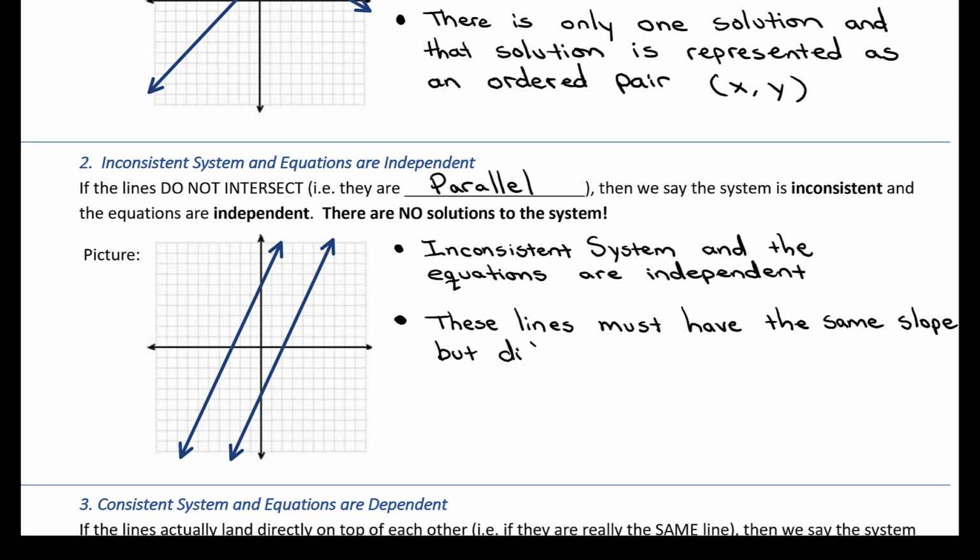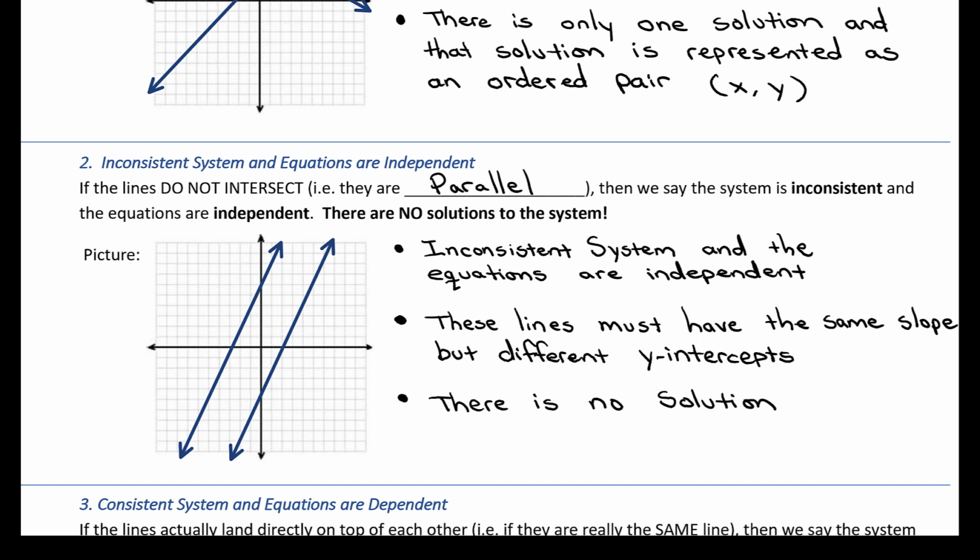But the y-intercepts of these lines must be different. And in terms of the solution for this one, there is no solution.